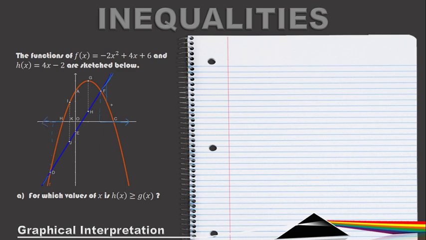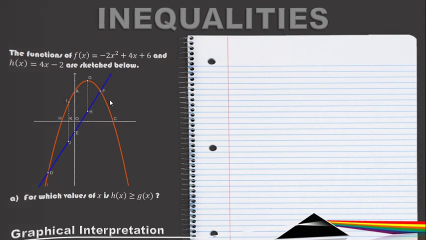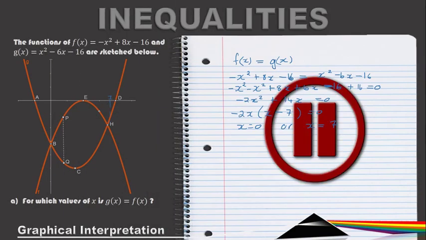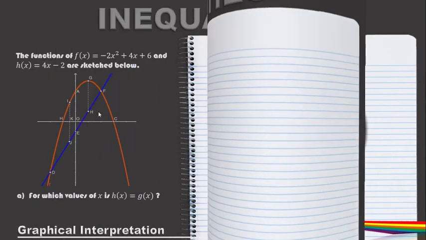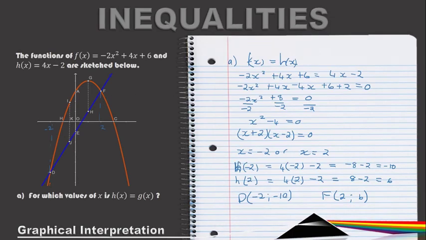So if you were given this just like this before the previous question, you'd have to go about and actually find the coordinates of D and F first, the x values, and then you state the restrictions. But we did it previously, and we saw that the x values were minus 2 and 2.